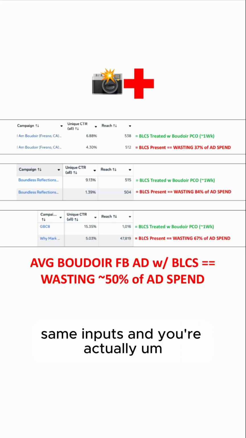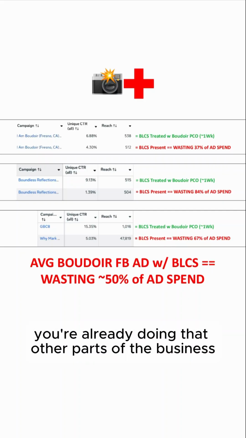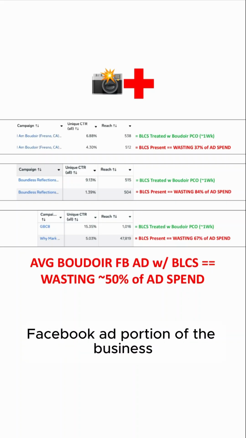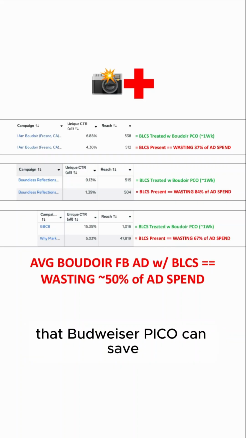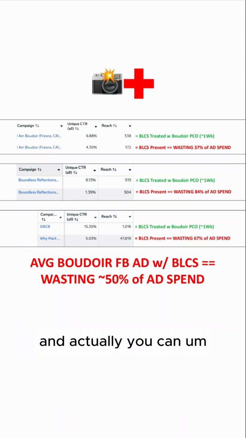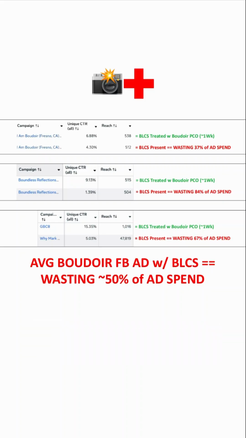You're already doing that in other parts of the business and you decided you now want to do it with your Facebook ad portion of the business because you've seen that the Boudoir Pico can, on average, eliminate 5K a month in wasted spend. And you can pocket that approximately 5K a month no longer wasted.